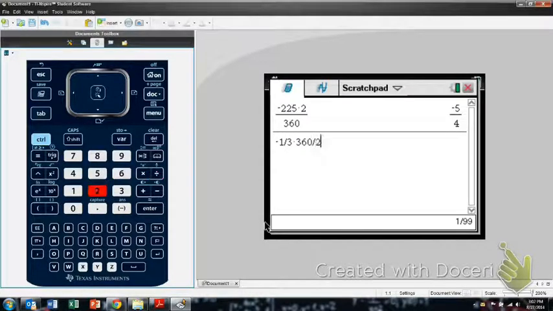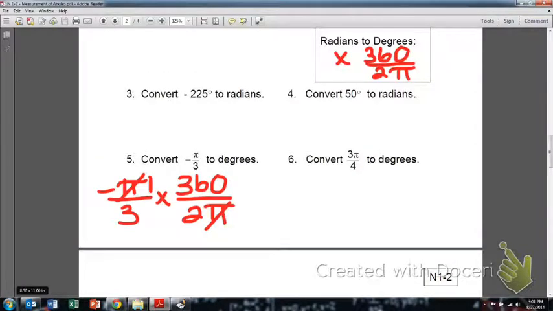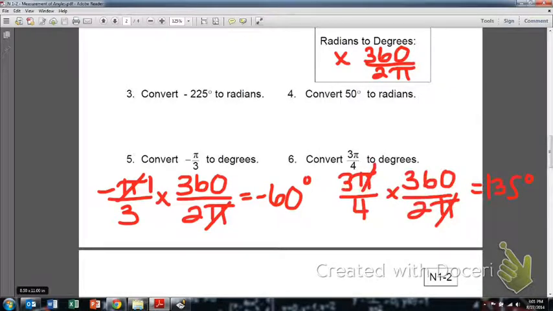The pi's canceled out, so we don't need to put the pi's in, and we get negative 60. Right? So this one we would put negative 60. All right? So try the 3 pi over 4. Okay, so should have gotten 135 on that one.